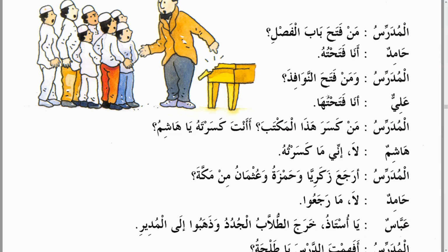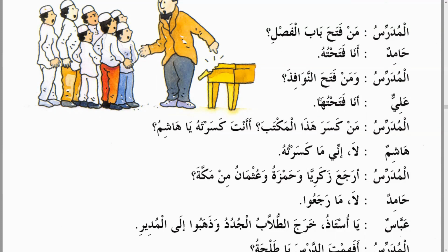Ana fatahtuha, I opened it, or I opened them. Why is it feminine? Because nawafid is the plural of a non-human, every non-human feminine plural. Ana fatahtuha, I opened them.